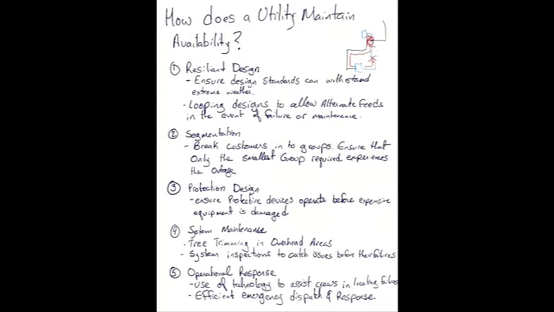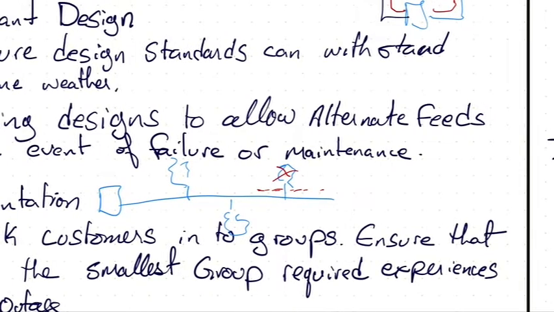All right, so if you were to visualize that, you can imagine we've got our bus here, we've got a tap off here, and that feeds out into a subdivision, and a tap, and that feeds out into a piece of subdivision, and a tap, and that feeds out into a subdivision. If we end up with a problem here, we want to segment things along this line right here, right?